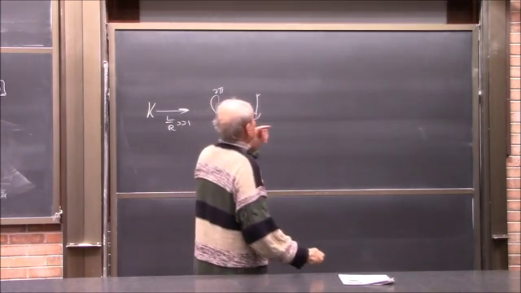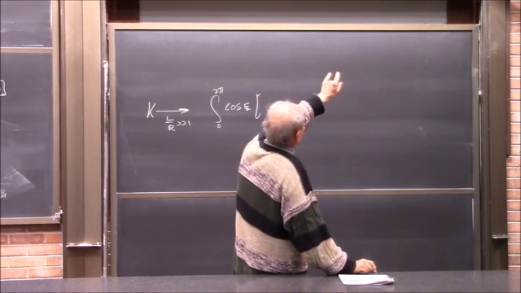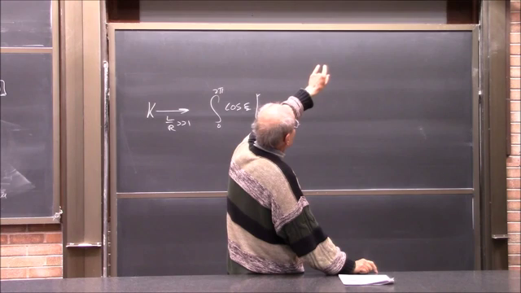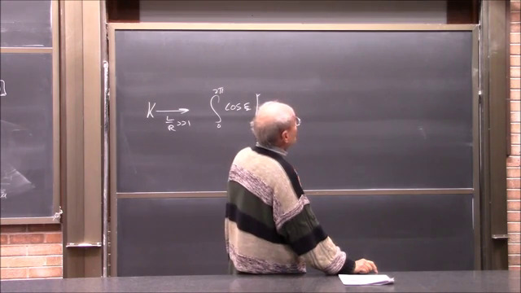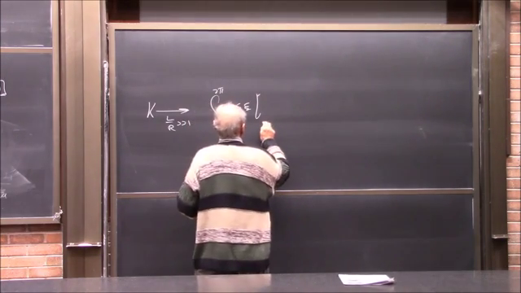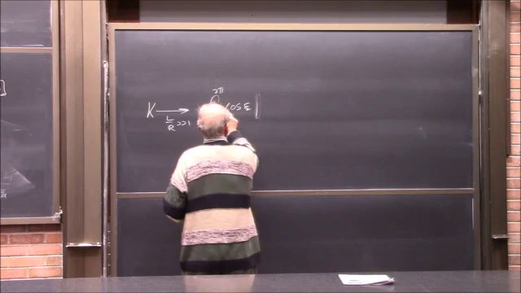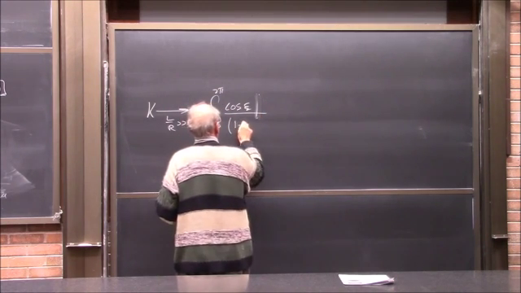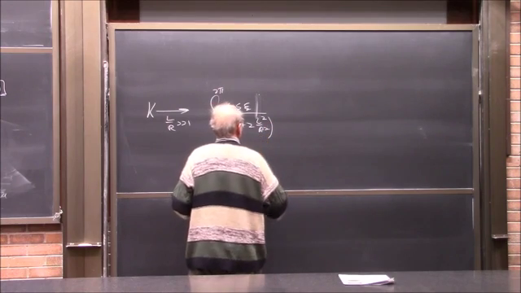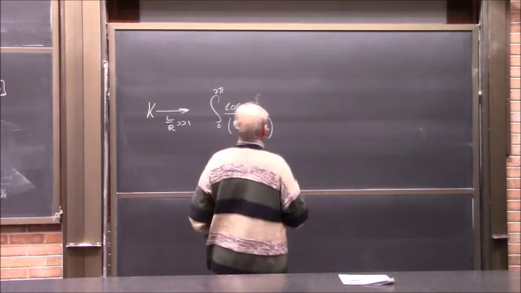And now what we're going to do is factor out a 1 plus 2 L over R squared out of that thing in the denominator. So 1 plus 2 L squared over R squared. Now that'll come out as 3 halves.